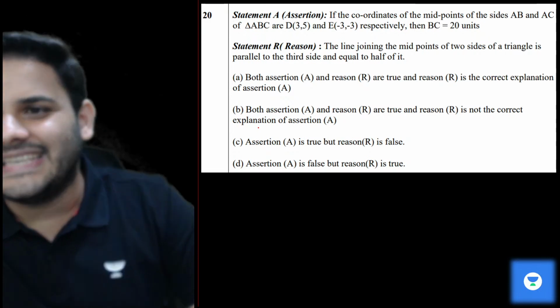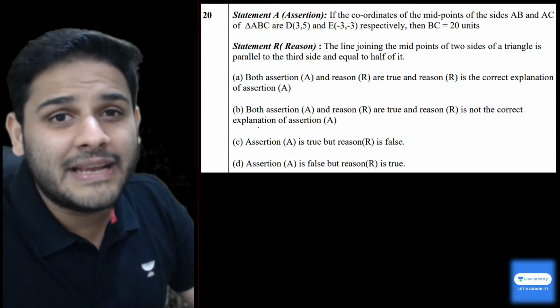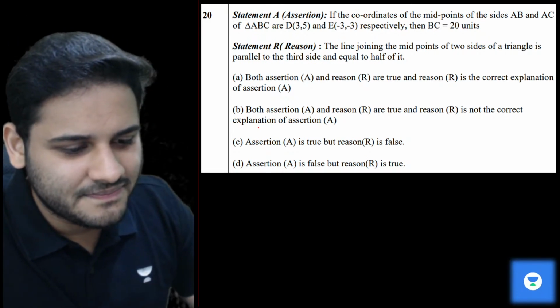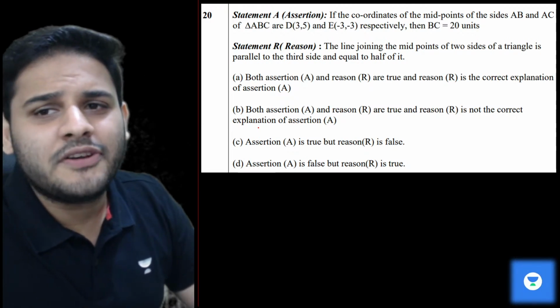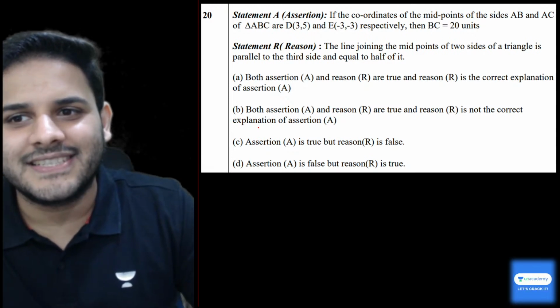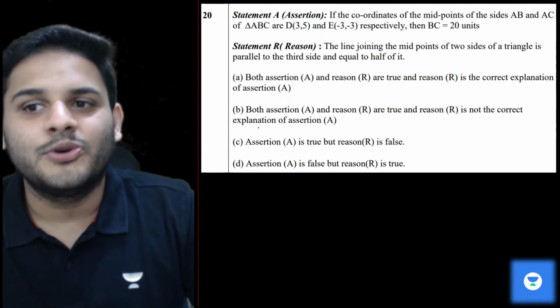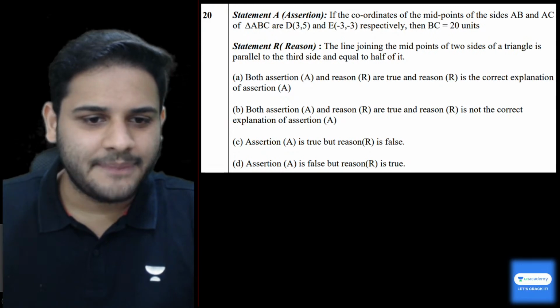Then BC is equal to, sorry, I mentioned 2 units, it's 20 units. The line joining the midpoints of two sides of a triangle is parallel to the third side and equal to half of it. So guys, the reason is absolutely true.